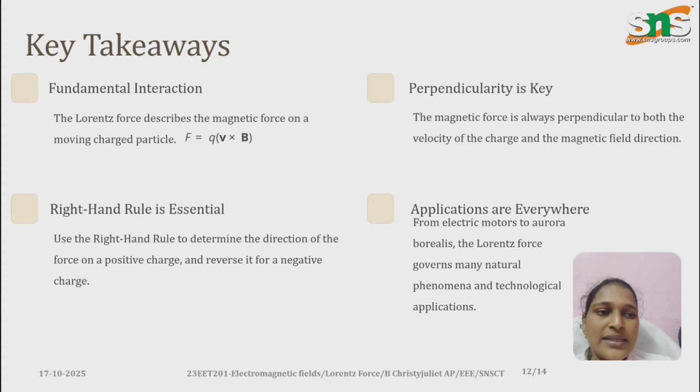These are the key takeaways of today's discussion. We have discussed the fundamental interactions of the individual charge carriers because of the current, which is the result of the Lorentz force. We have seen what the Lorentz force is, what its equation is, how it can be visualized through certain real-time scenarios, and also how we can find the direction of this force using the right hand rule.